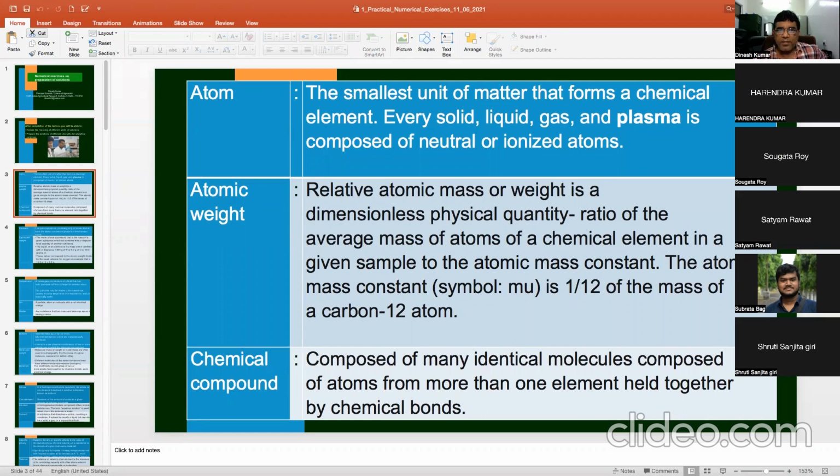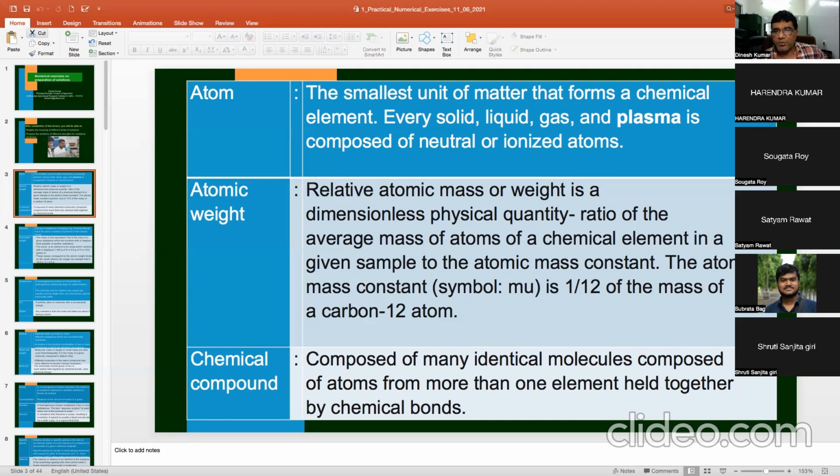Atomic weight. This is relative atomic mass or weight, a dimensionless physical quantity, that is the ratio of the average mass of atoms of a chemical element in a given sample to the atomic mass constant.